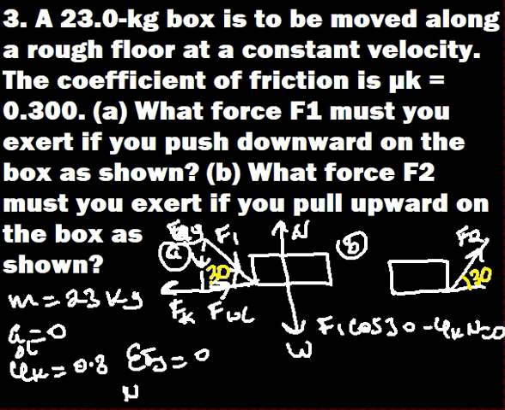We have the normal force acting upwards, and the y component of the force F1 acting down, F1y, minus the weight of the object, equal to 0. Then we can solve for the normal force. That will be substituted here, and I'll be able to solve for the value of F1. So keep that in mind.